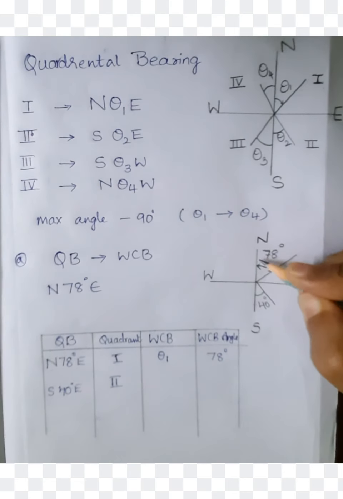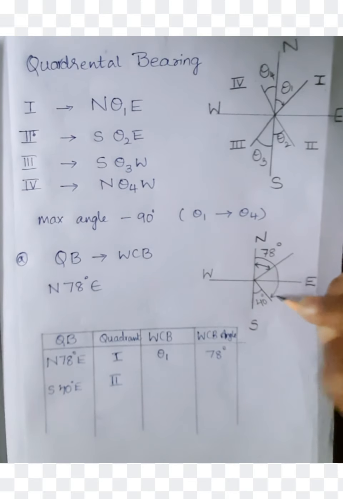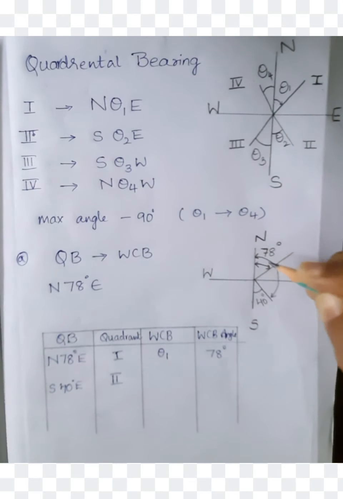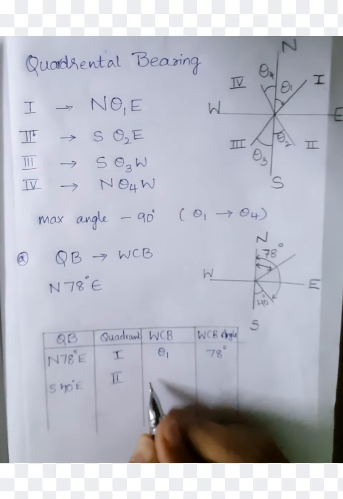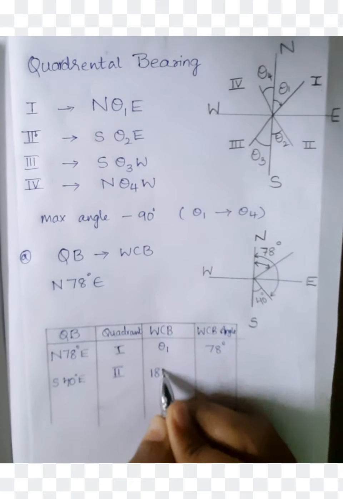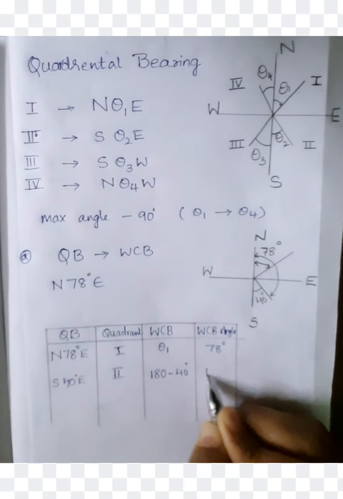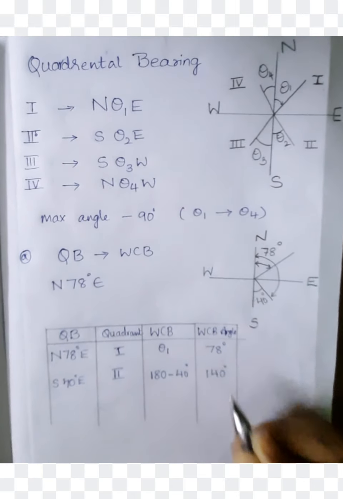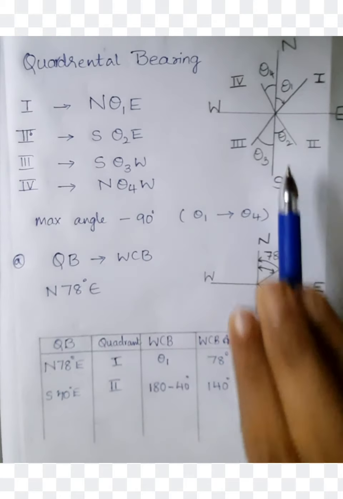But your whole circle bearing angle becomes this, so this is your angle for the whole circle bearing system. Here I'll get the whole circle bearing as 180 minus 40 degrees, that is 140 degrees. So for the second quadrant, your whole circle bearing angle becomes 180 minus theta 2.